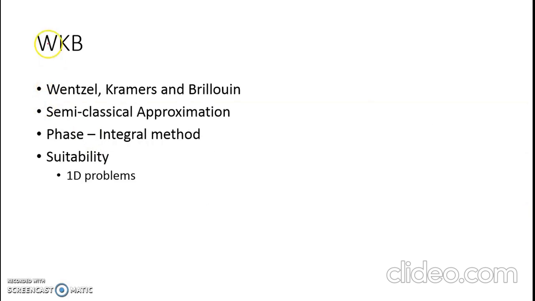General introduction to WKB. The method, as I have already told you, is introduced by Wenzel, Kramers and Brillouin. This method is further referred to as the semi-classical approximation, though as per the demand of our syllabus we discuss it as the third approximation method. This we might have discussed as the first approximation method.